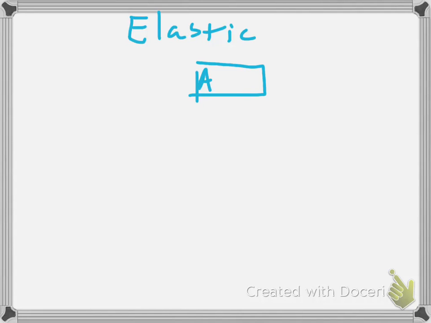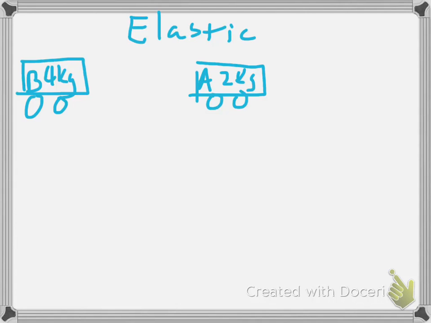Now, let's look at an elastic collision. In an elastic collision, they don't stick together. So we could have cart A with a mass of 2 kilograms, initially at rest. And here comes cart B with a mass of 4 kilograms, and it has a velocity of 3 meters per second.